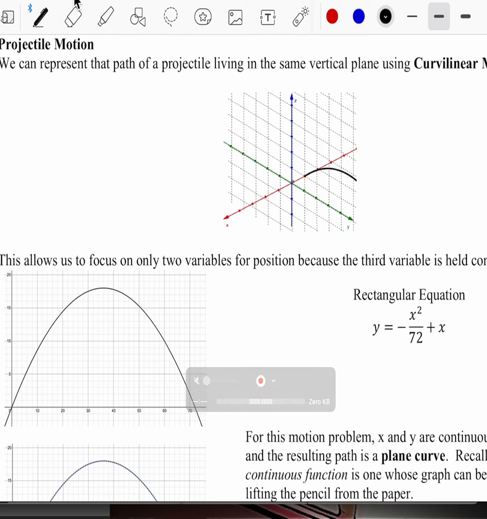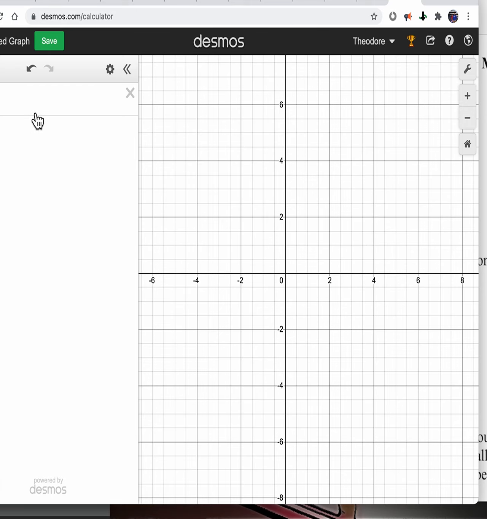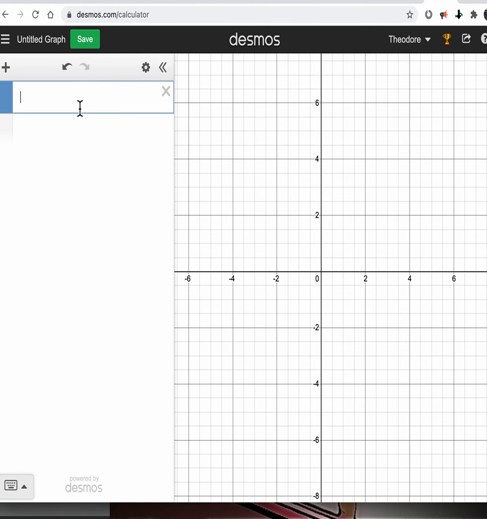If I could find my calculator. All right, go back to that. I'll say f of x instead of y is equal to -1/72 x squared plus x.